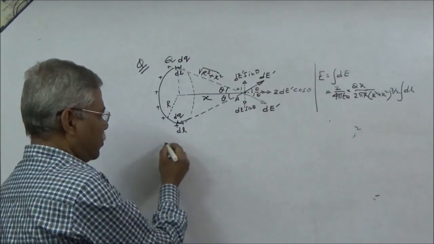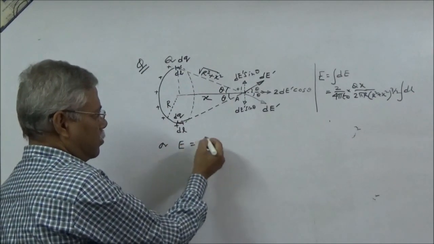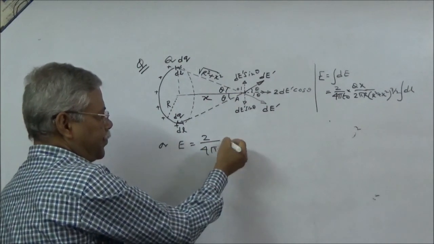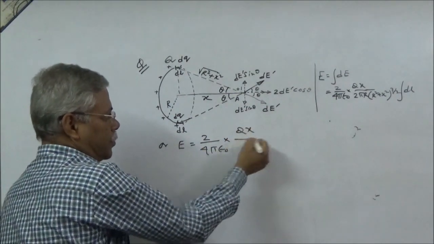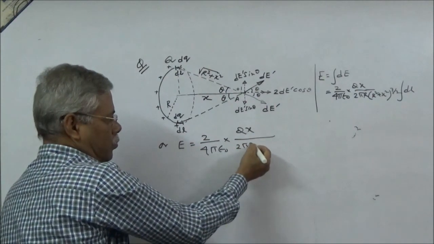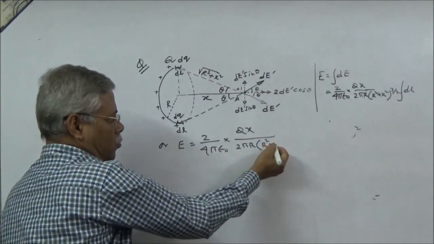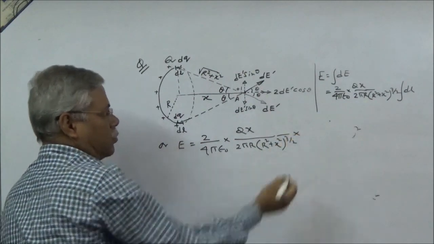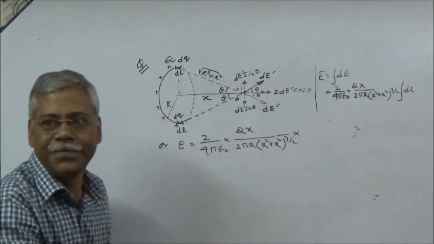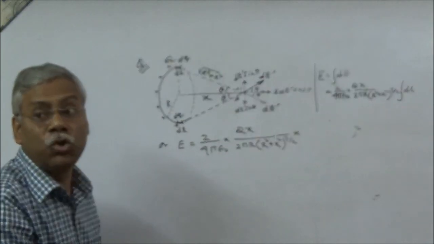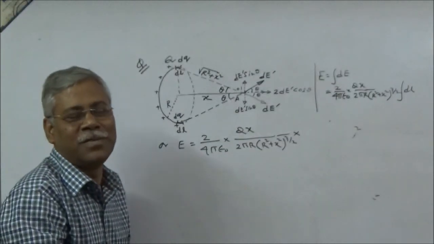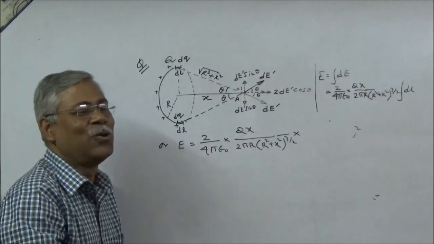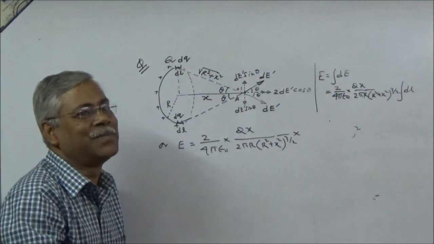What is the limit of L? 0 to pi r or 0 to 2 pi r? Pi r. Why is it pi r?